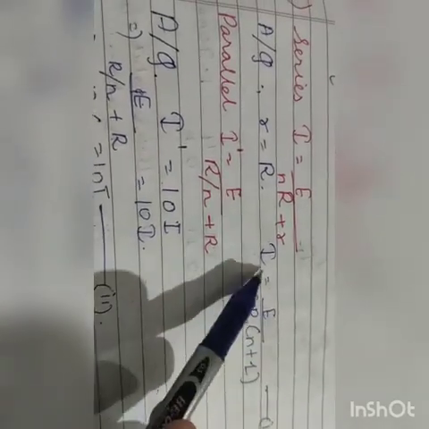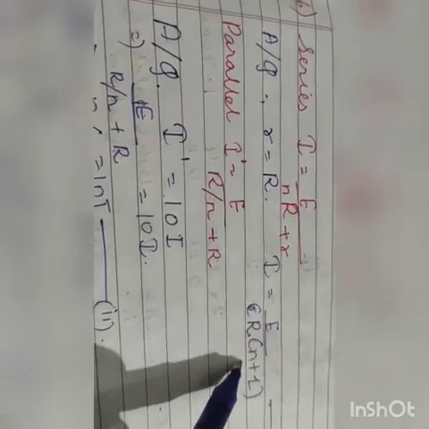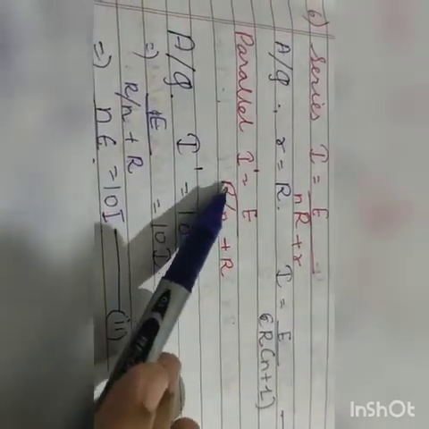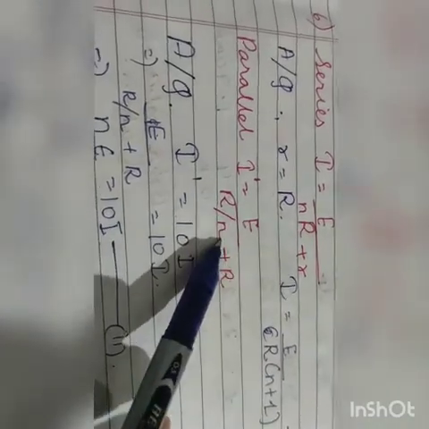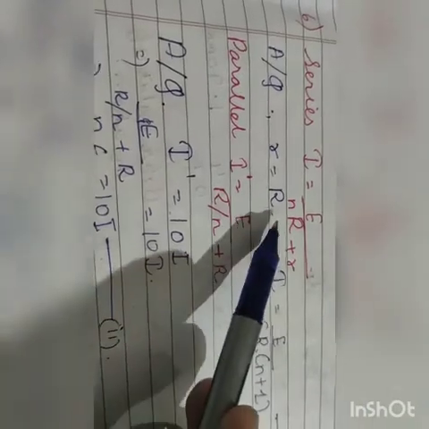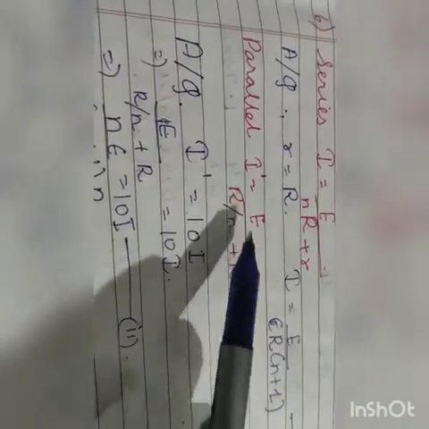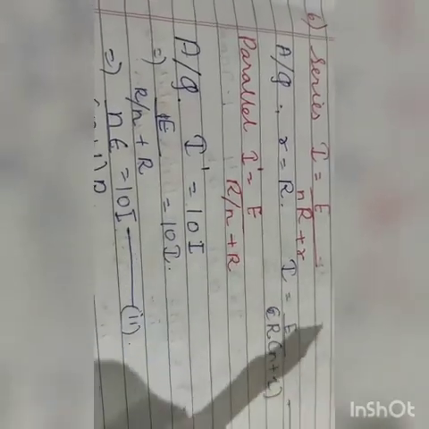So here I is equal to E by R(n plus 1). For parallel, this nR becomes R by n. This is the only difference in the formula. E and R are same, but here nR becomes R by n.